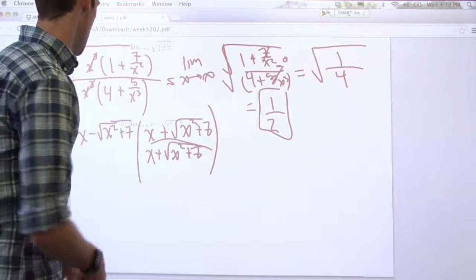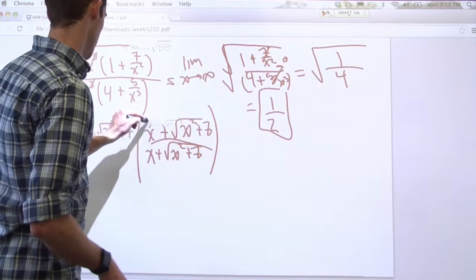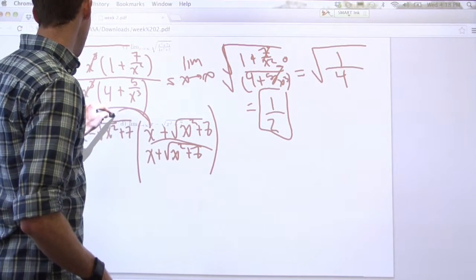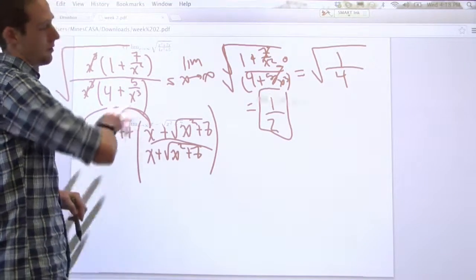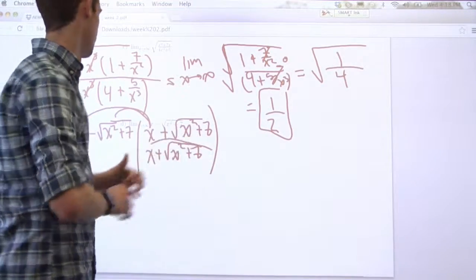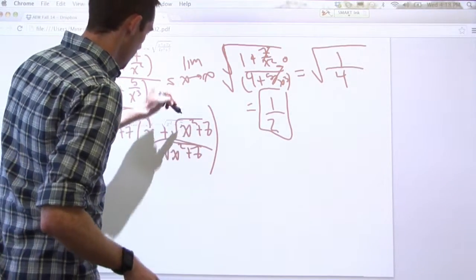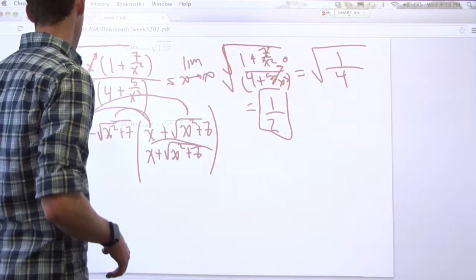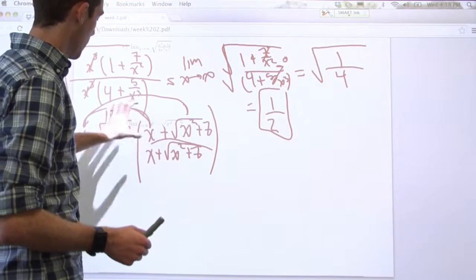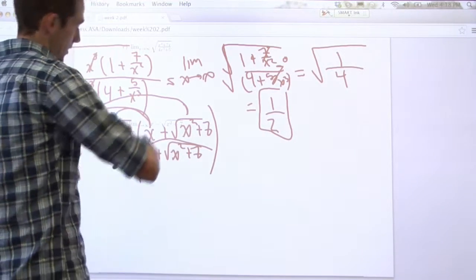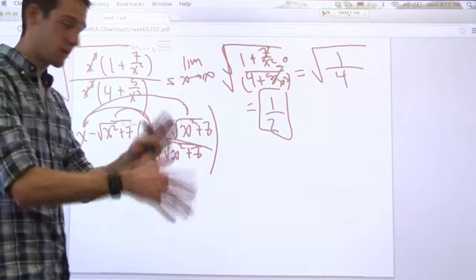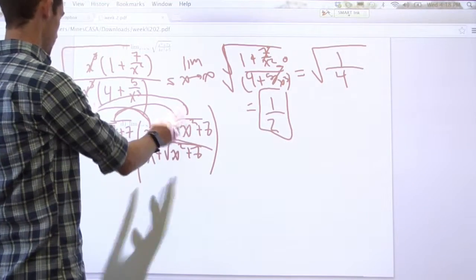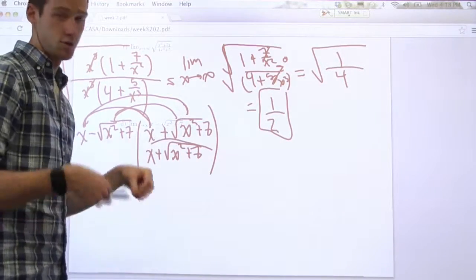For the top, if I do the FOIL here, x times x gives me an x squared. Then x times the negative of this quantity gives me negative something. Now if I take this quantity, which is the same but positive, and multiply by this x, I get a negative of that x times that quantity, and then a plus x times that quantity. So those are going to cancel out. What I'm left with are these two terms, which are the same but have opposite signs, so it's going to be a minus.